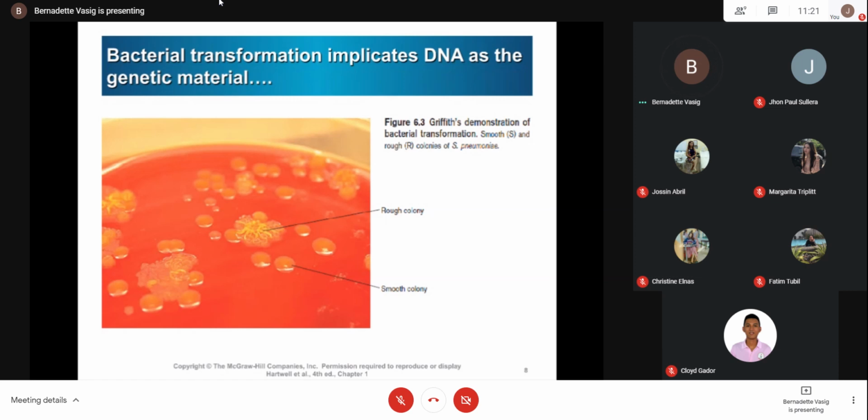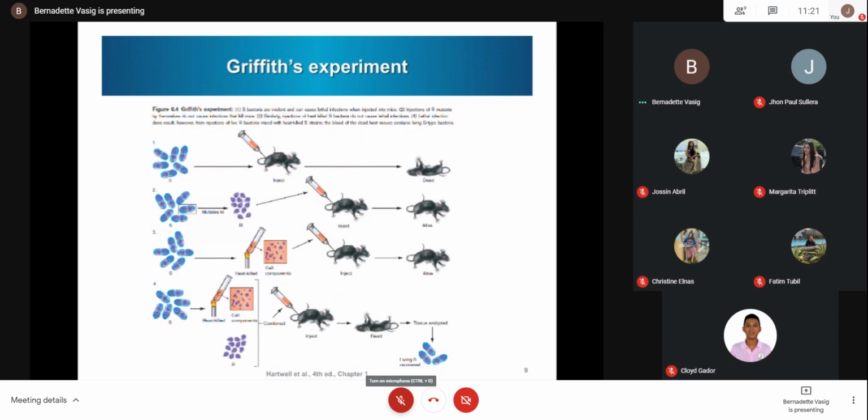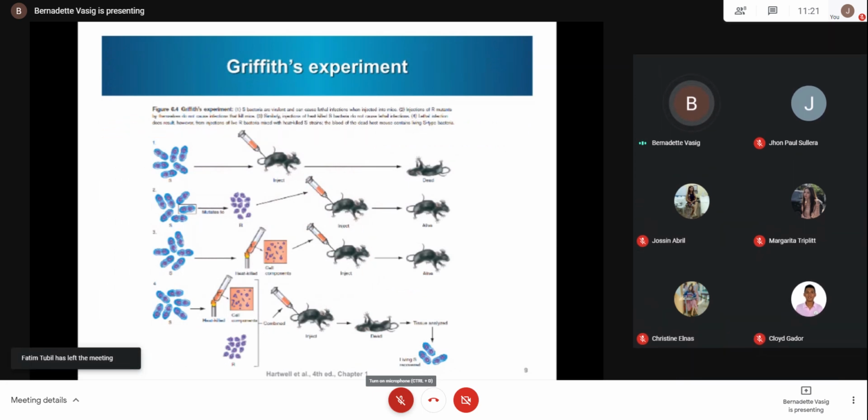Okay. So actually, Griffith's experiment proved that DNA is the genetic material because after transformation, there is also a corresponding change in the morphology of the bacteria. So right after transformation, the morphology of the bacterial cell also changes from rough to smooth.